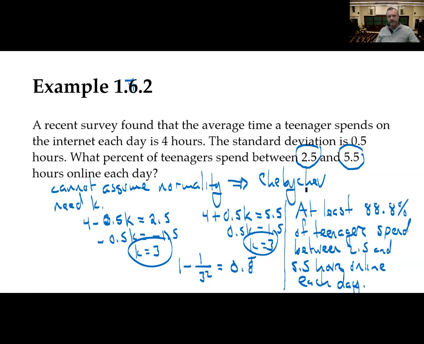Okay, so again, we didn't have the normality assumption. We used Chebyshev. We found what k was, how many standard deviations those data values are from the mean, and that let us come up with this percentage.